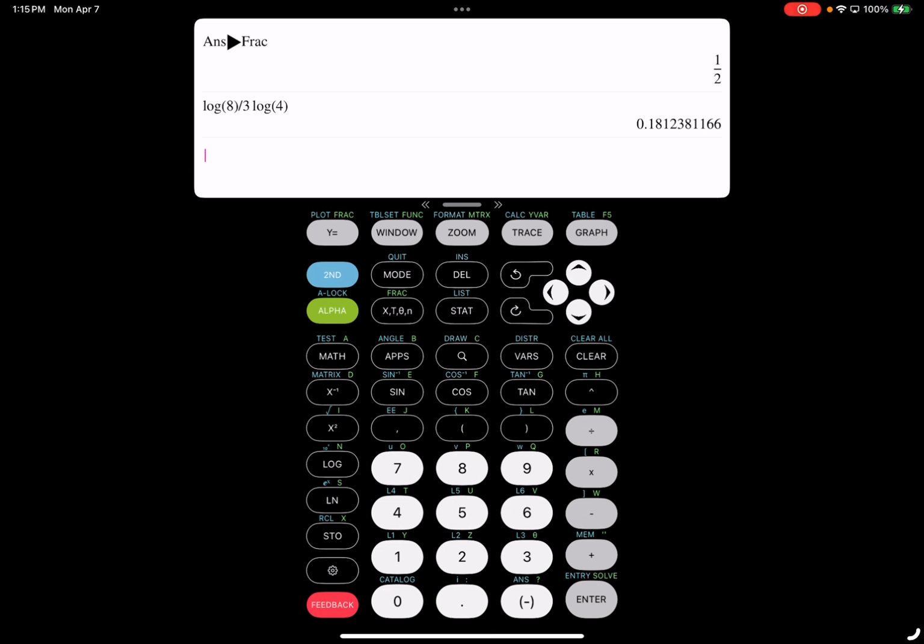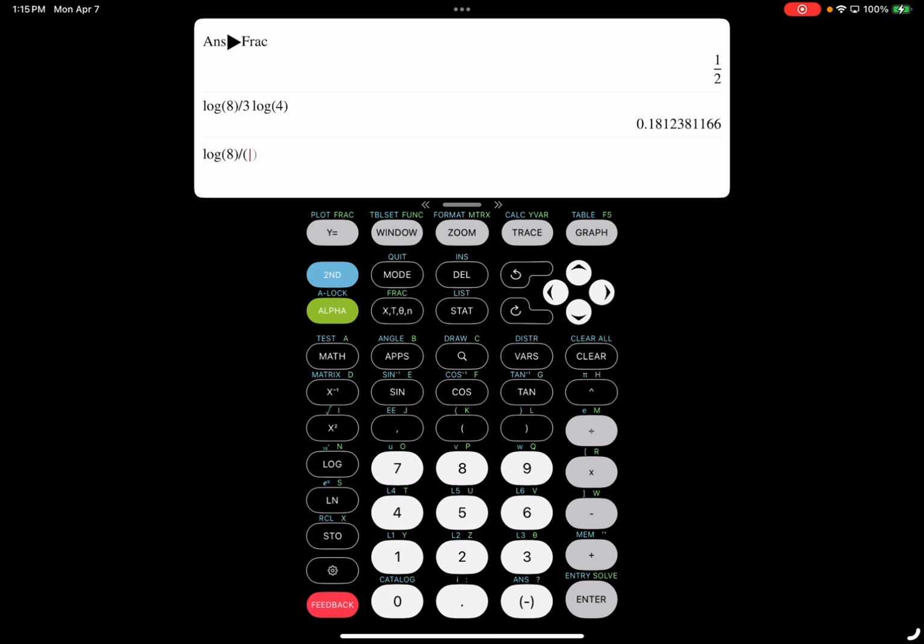Because if you want to do it that way without alpha X, this is what you would have to do. Everybody type this in with me. I want to show you the long way of how you would have to do this if you don't use alpha X. You'd have to go log 8. Everybody type in log 8. I want every single person in this room doing this with me. Divided by, you want to divide by the 3 and the log 4. You would need to put parentheses around the whole bottom.